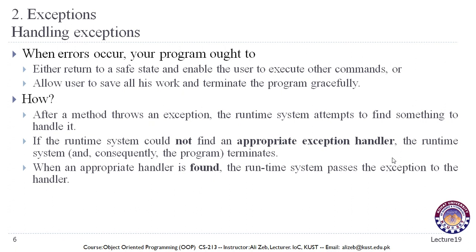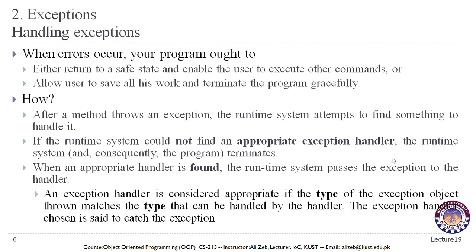When an appropriate handler is found, the runtime system passes the exception to the handler. An exception handler is considered appropriate if the type of the exception object thrown matches the type that can be handled by the handler.